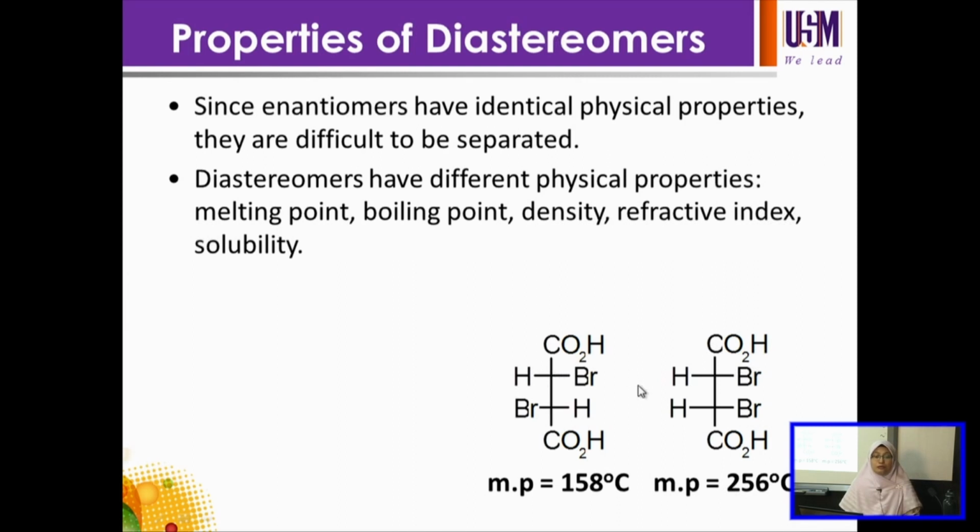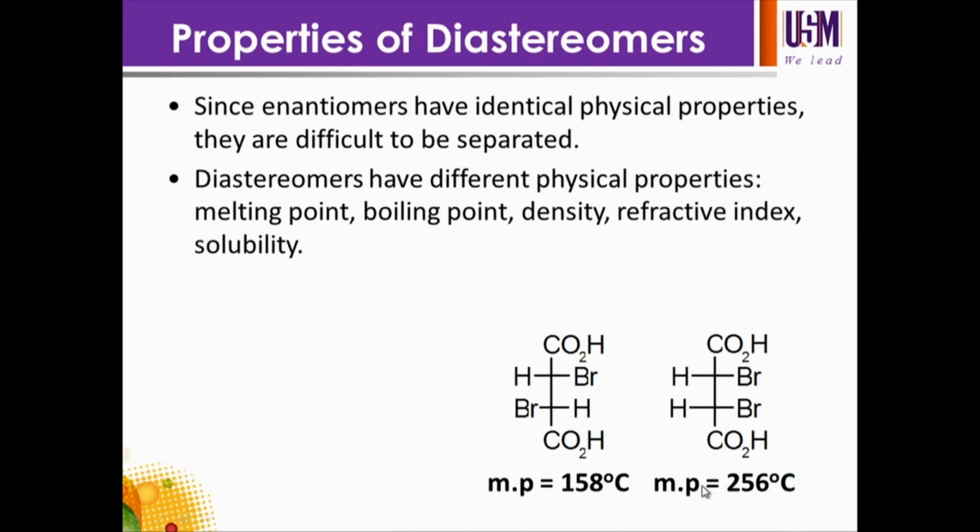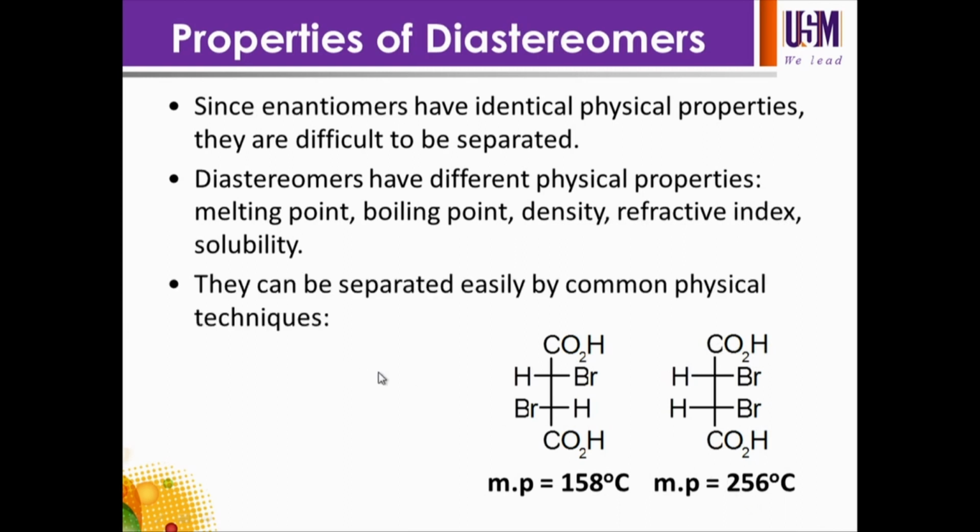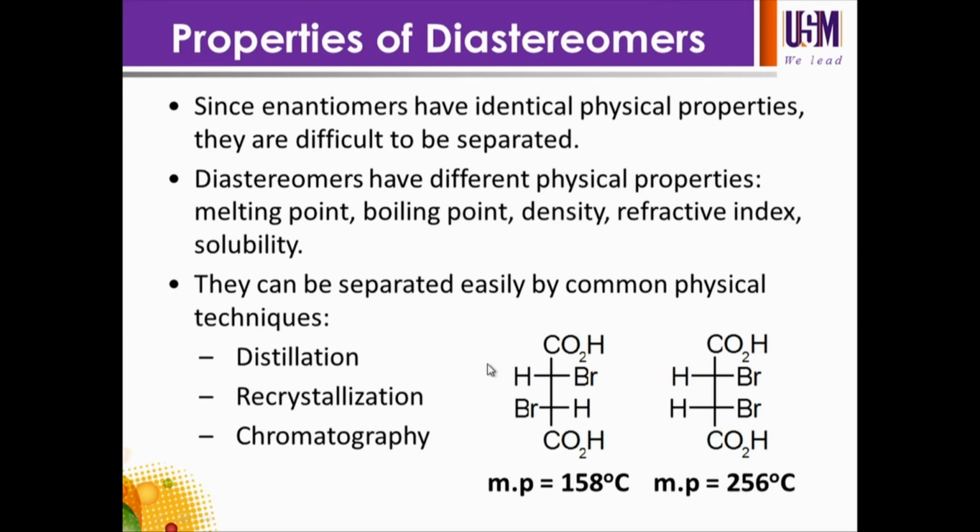They are diastereomers to each other, and therefore their melting points will also be different. One compound has a melting point of 158 degrees, while the other compound has a melting point of 256 degrees. So they can be easily separated by common physical techniques such as distillation, recrystallization, and also chromatography.